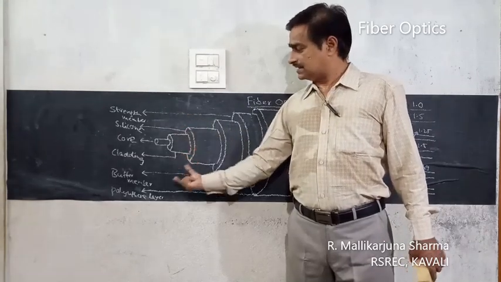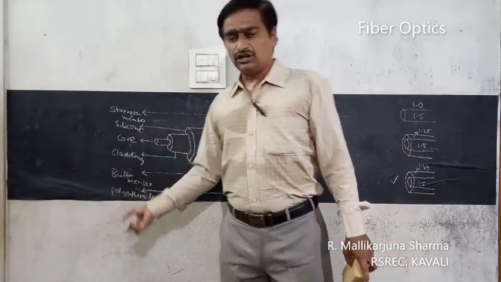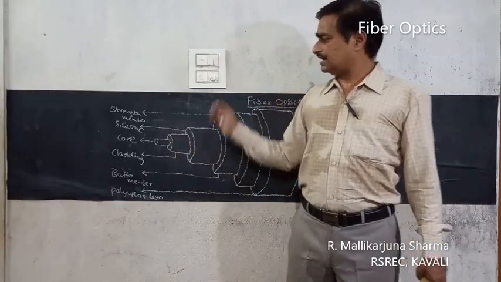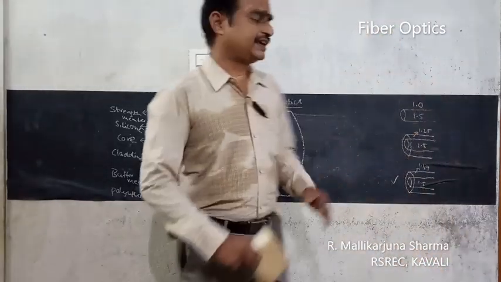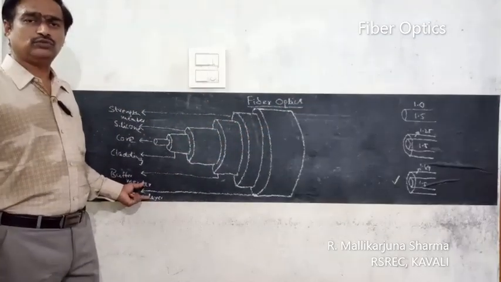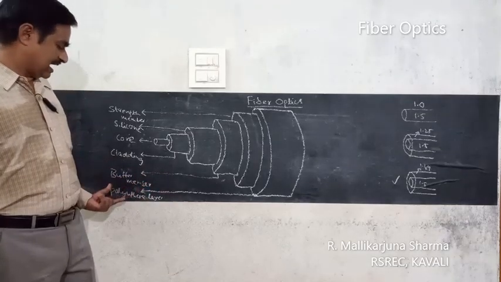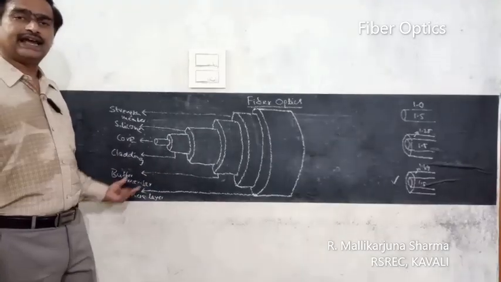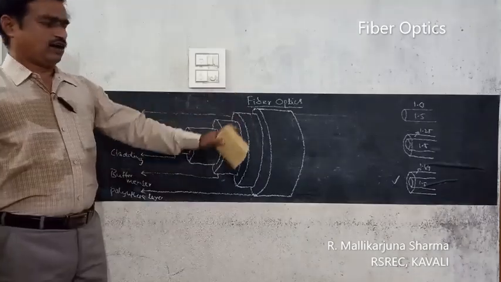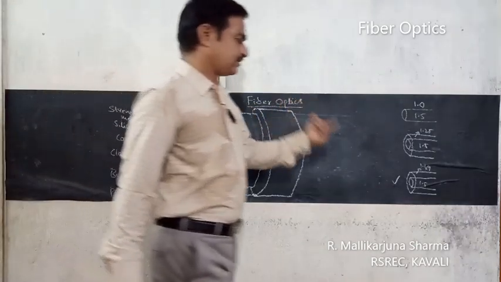Then, to give strength to the structure, we add the strength member, and the last one is the polythene layer covering the entire structure. To protect from the outer environment, we add this polythene layer on the outside. This is the entire structure of a fiber optic material.